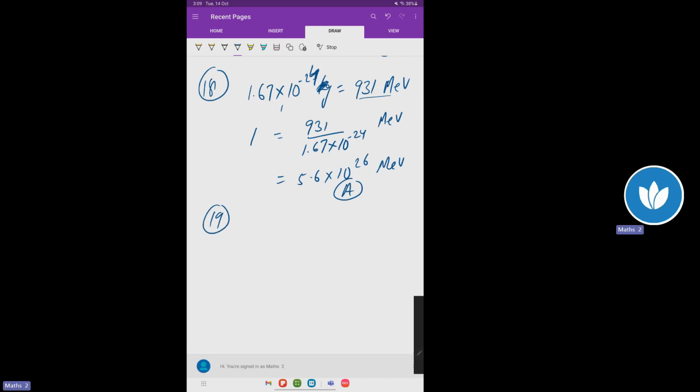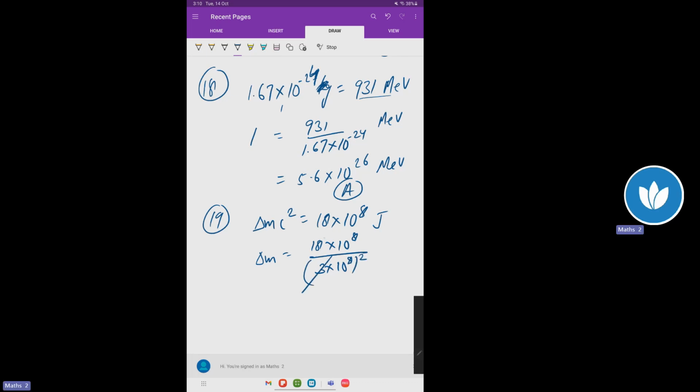Question 19. Binding energy of a certain nucleus is the difference between the total mass of all the nucleons and the nuclear mass, so we need delta m. Delta m into c square is 18 into 10 raised to 8 joule. Now delta m is 18 into 10 raised to 8 upon (3 into 10 raised to 8) whole square.